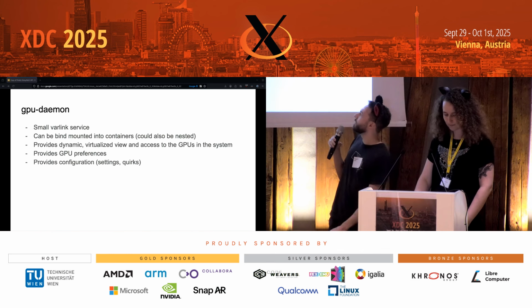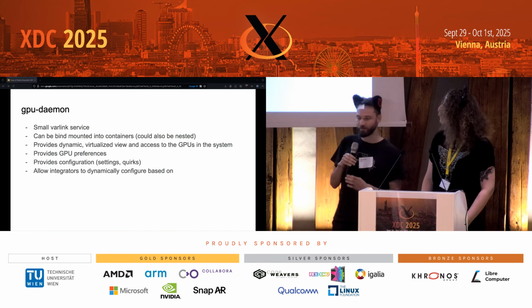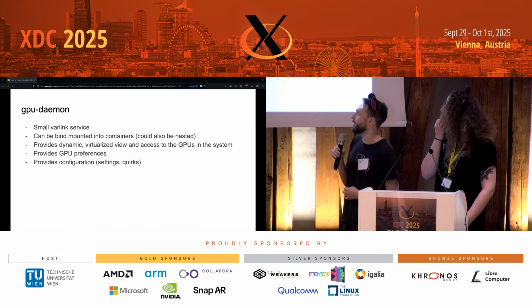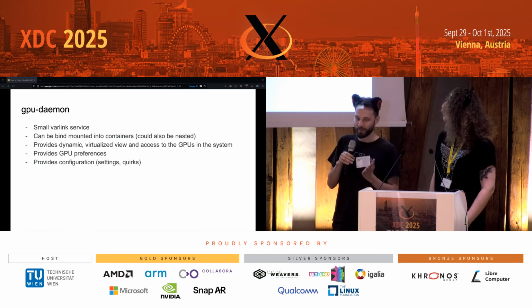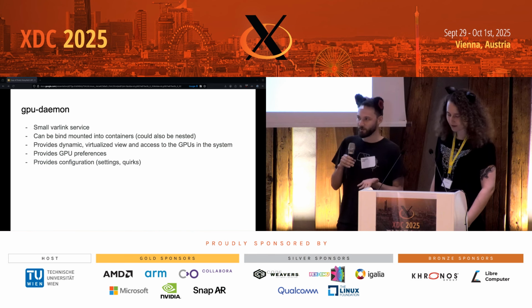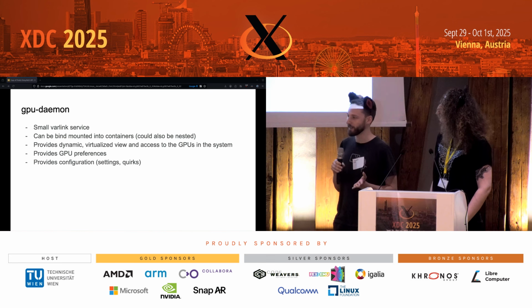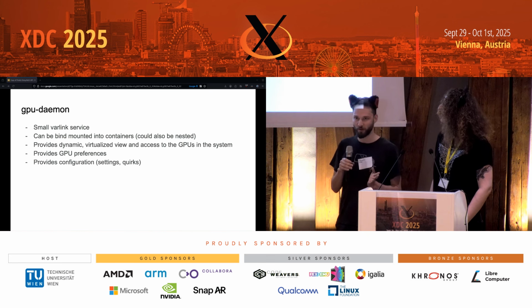Well, first of all, what we wanted it to be is a small service, which means that, well, Varlink is a new IPC protocol, and it's basically just passing a bit of JSON over a Unix socket, and that's all there is to it. So it's nothing complicated, really.